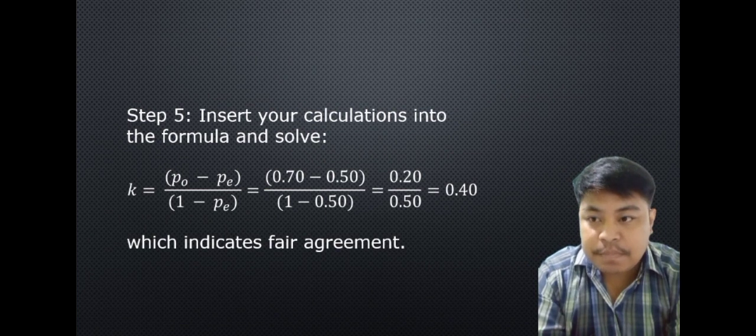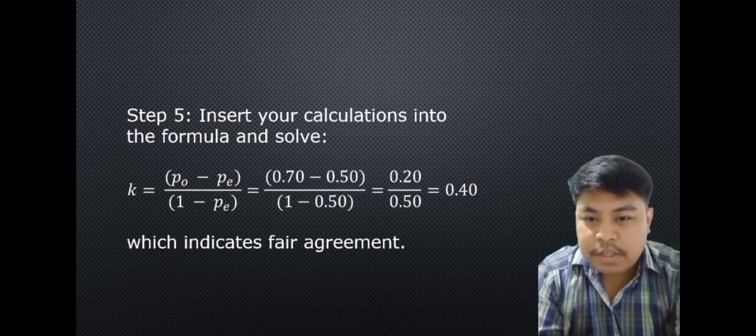And now for the last step, we'll just substitute the values of P sub O and P sub E that we got from the previous steps. Using the formula K is equal to the quantity of P sub O minus P sub E over the quantity of 1 minus P sub E, equals the quantity of 0.70 minus 0.50 over the quantity of 1 minus 0.50, and is equal to 0.20 over 0.50.